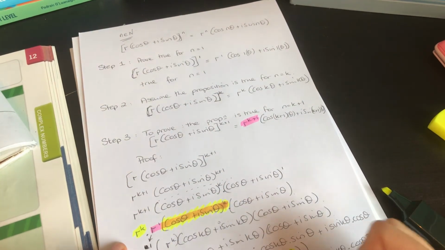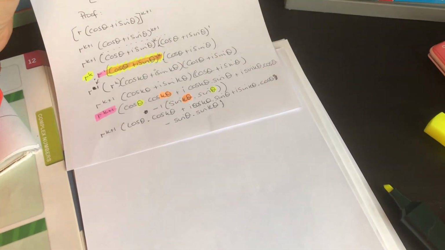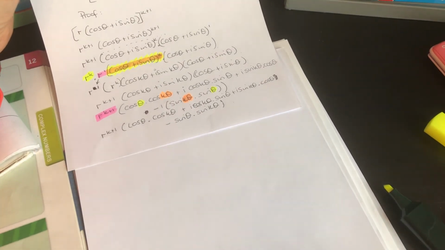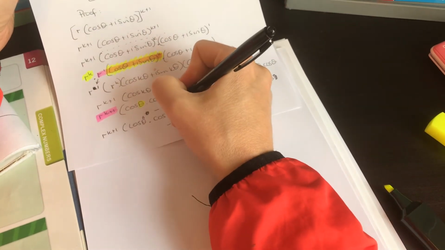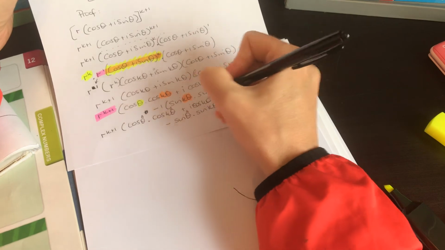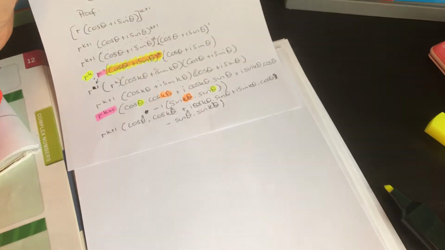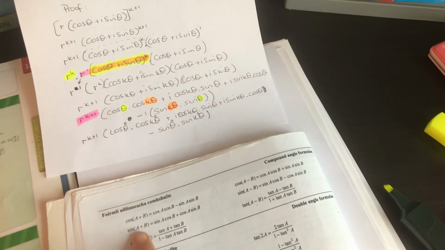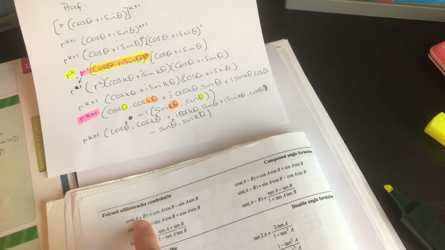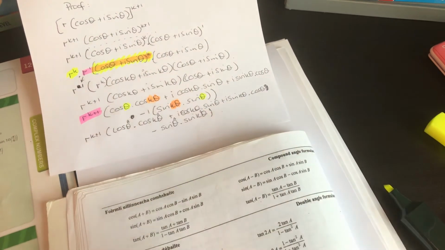Now I can close my bracket. I hope that's okay. So we're calling cos A, cos B, sine A, sine B. What can that be replaced by? Cos of A plus B.